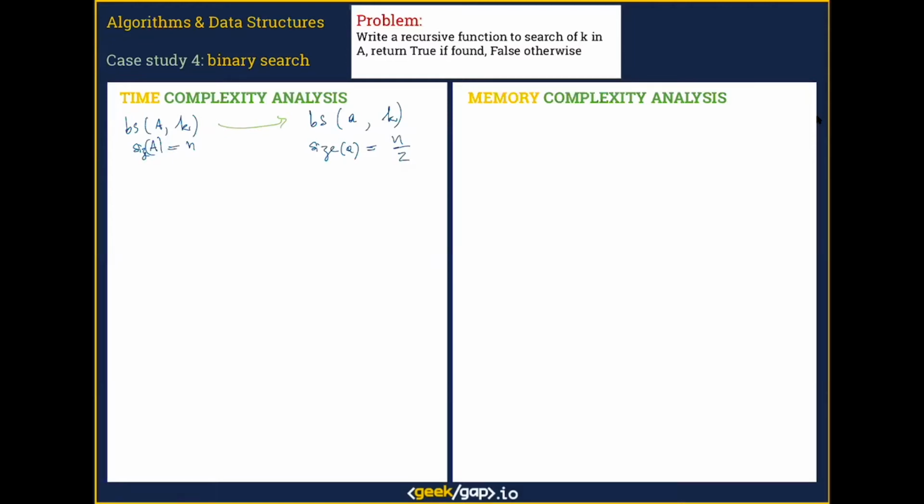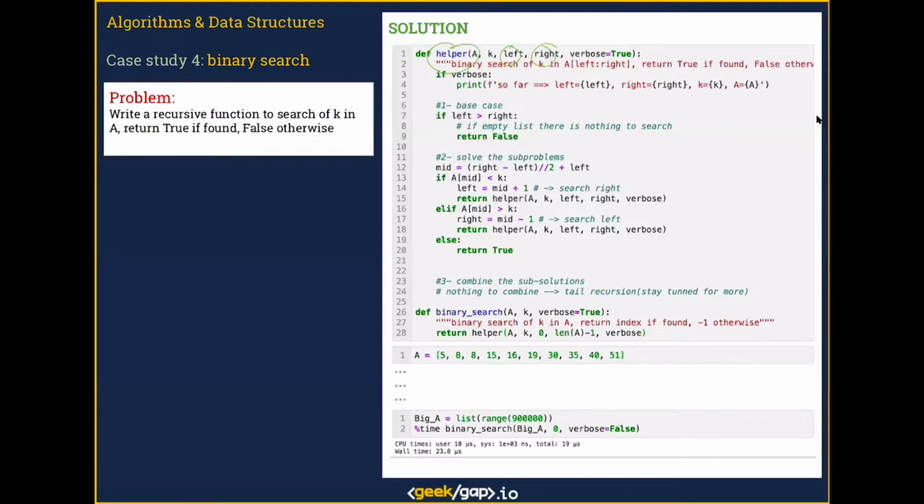Given that, we can write a formula, a recurrence formula, which is how it's called mathematically. The recurrence formula will be T of n equals T of n divided by 2 plus a constant time. The constant time is the time when you reduce the problem by half: you still have to check. These comparisons take constant time.